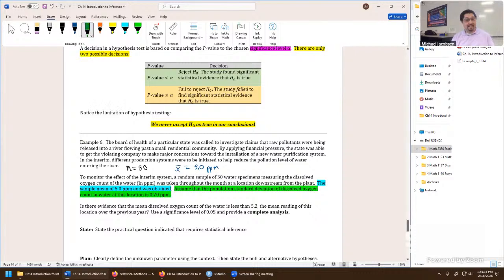And if they mess that estimate up again, the company can say they were doing everything right, but you gave a very poor estimate for sigma, the parameter value, 0.70 parts per million. So even though it's a fake problem, you can imagine if this is a real situation, this is high stakes. If the state messes this up, they're going to be sued by this company and probably lose.